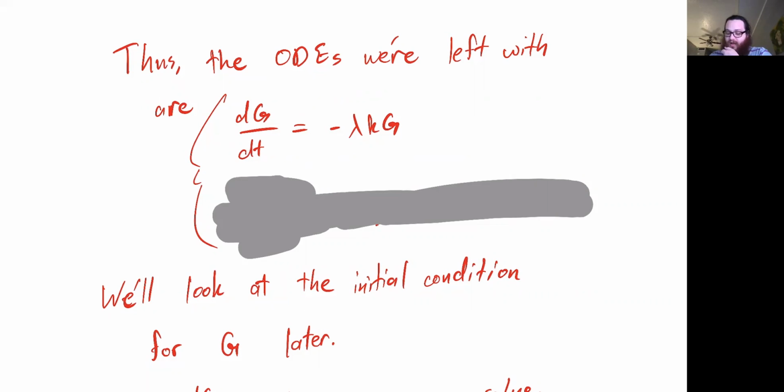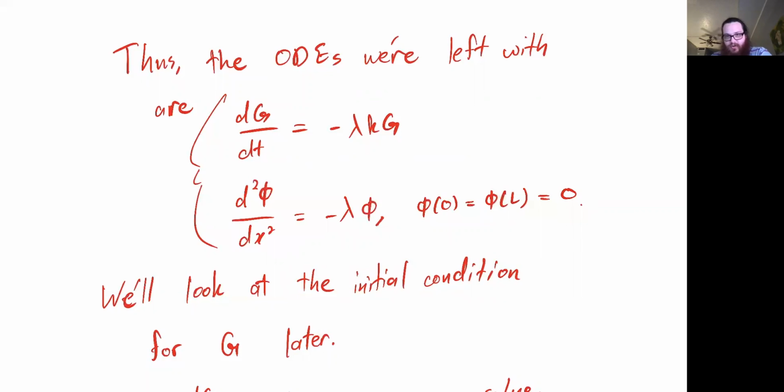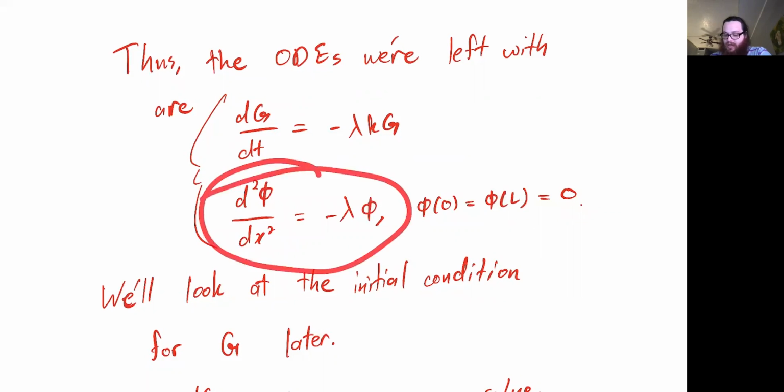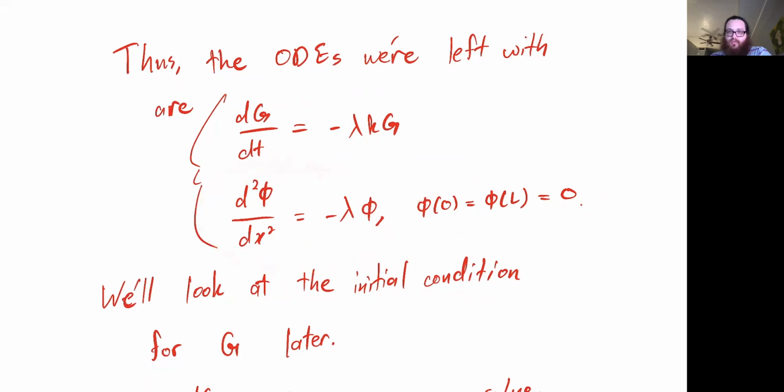So that's the function for time. And then the other piece is a function for space. Here we have the same ODE, except now we have these two pieces of boundary information for the second order derivative. And so we have enough to specify what that solution is.